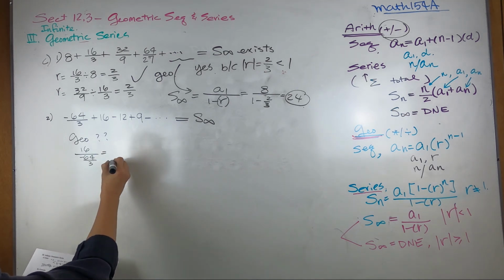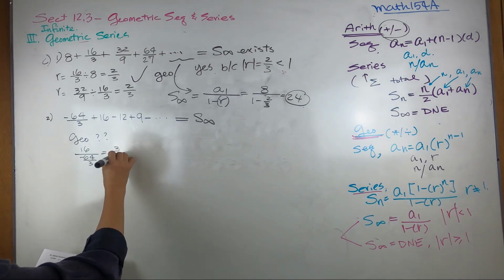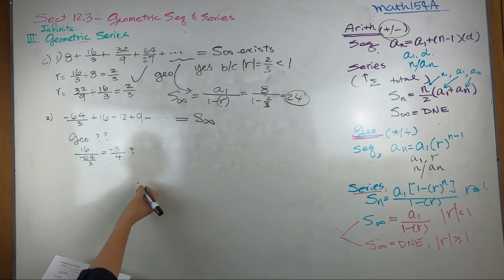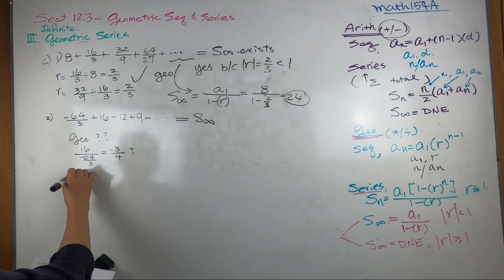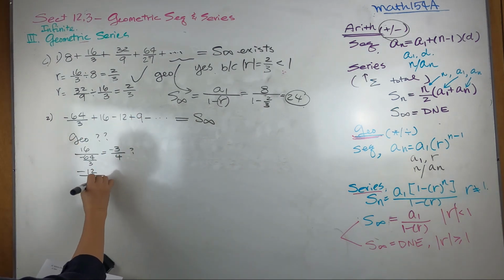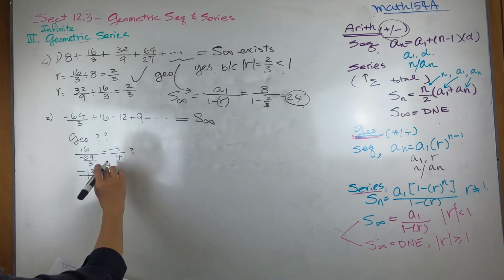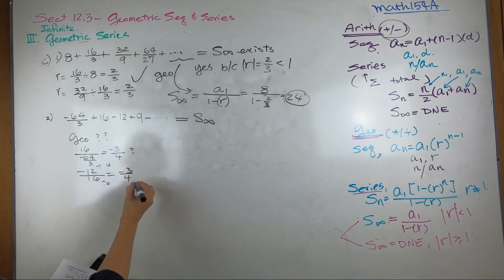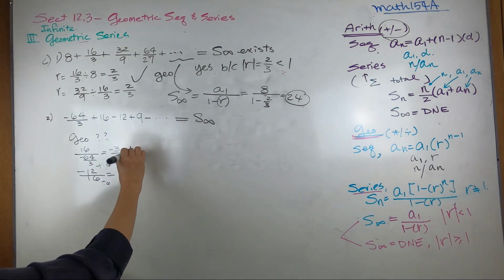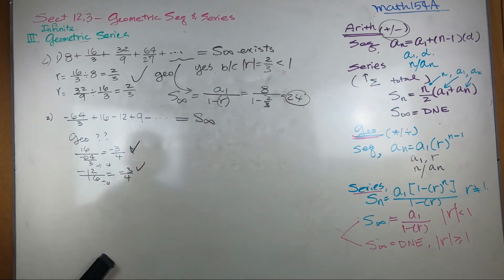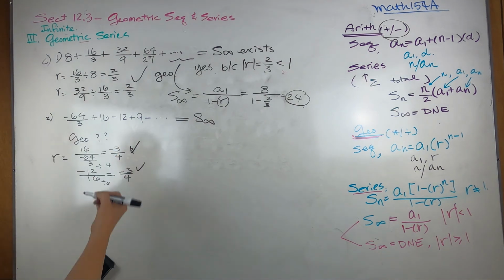That would be 3/4 negative. Or you can check -12 divided by 16, so divided by 4, so we do have 3/4. Okay, so everybody is the same, so you do have R equals -3/4.